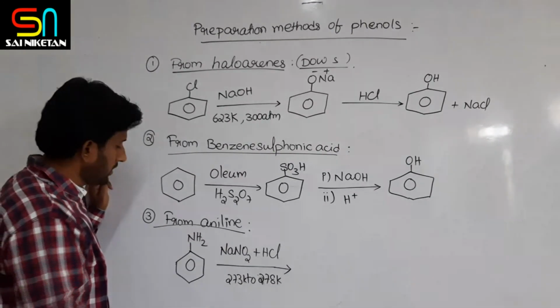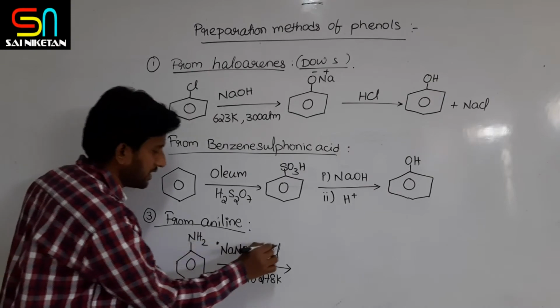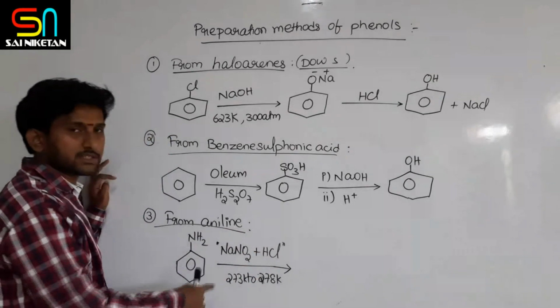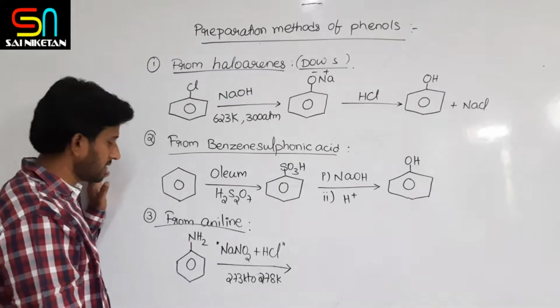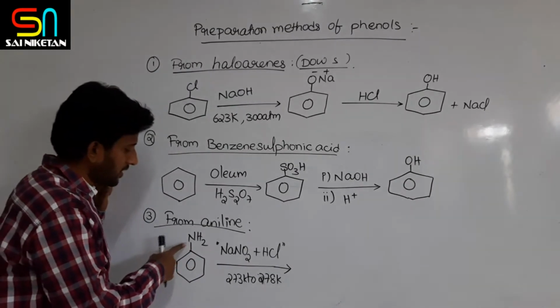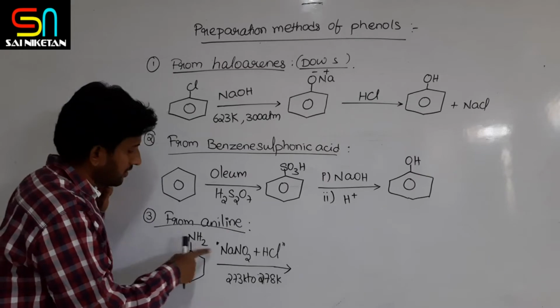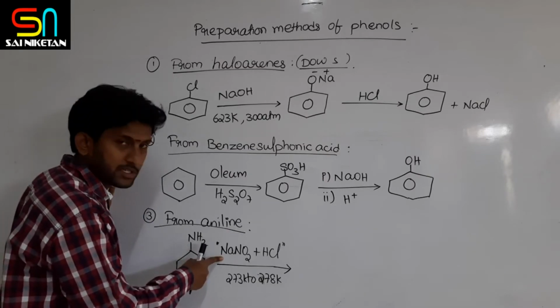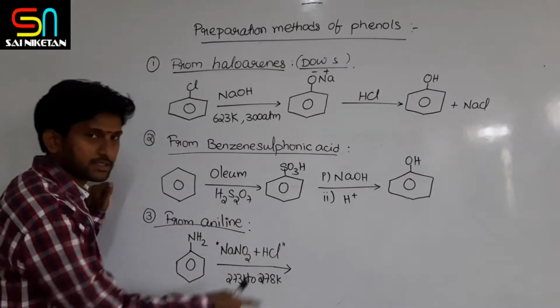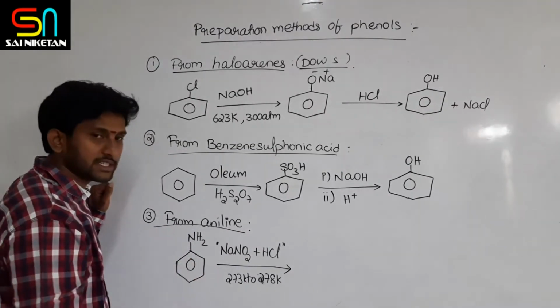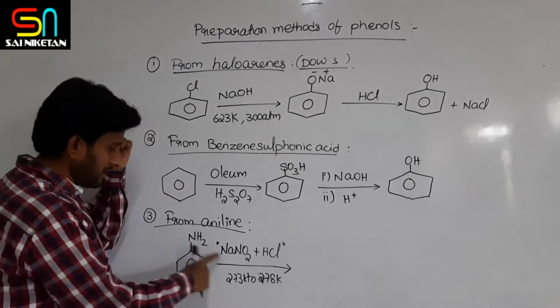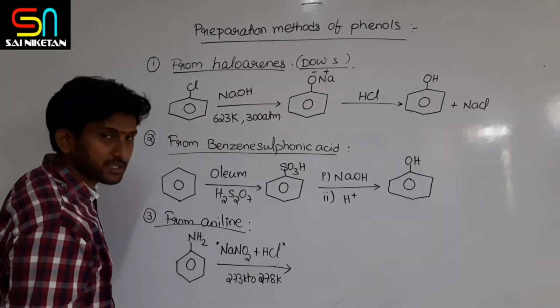This mixture, NaNO2 and HCl, we have already seen once in preparation methods of haloarenes, right? So what is happening? Aniline on reaction with a mixture of sodium nitrite with HCl. This reaction I also called diazotization. So aniline reacts with the NaNO2 and HCl mixture. What do you get?